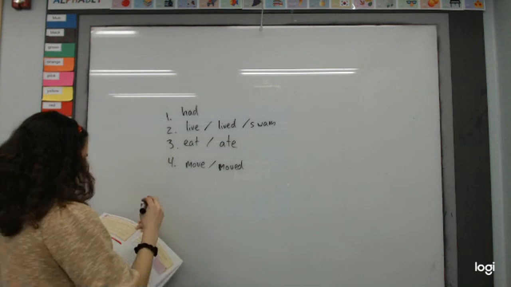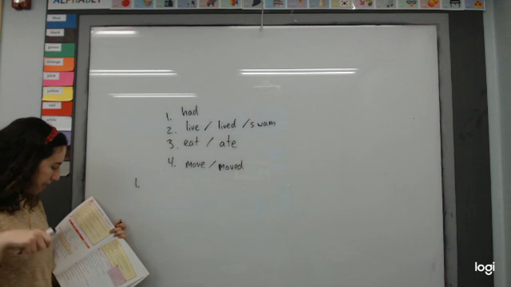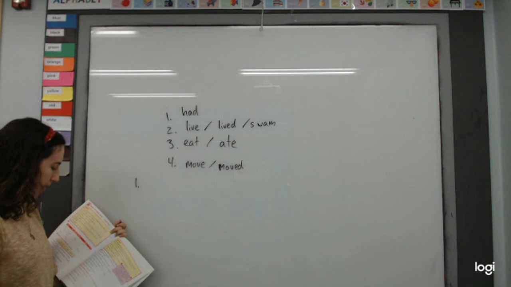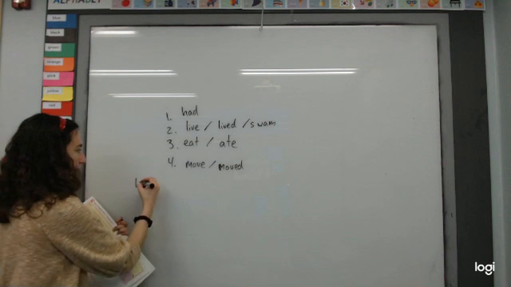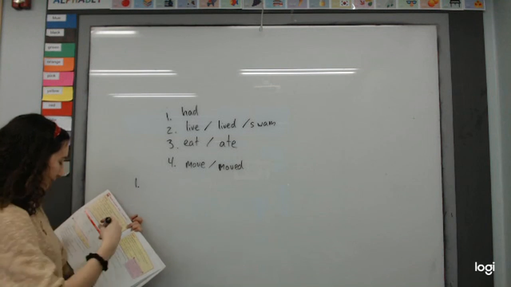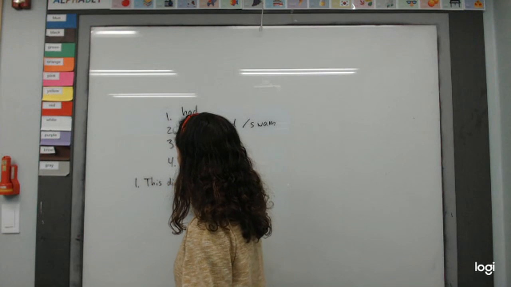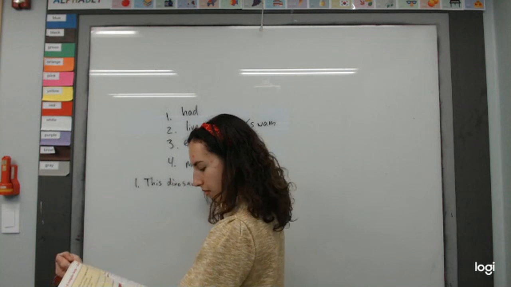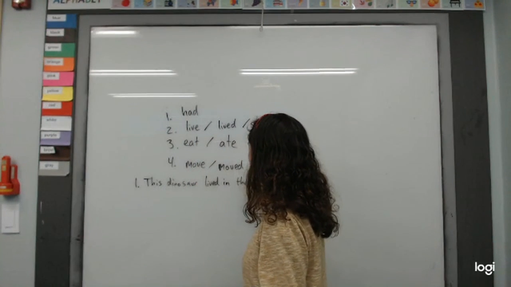Okay, in the next part, we have to make the sentences from present tense now into past tense, finished actions. Dinosaurs are not living, so we can't use present tense to talk about dinosaurs. This dinosaur lived in the ocean.